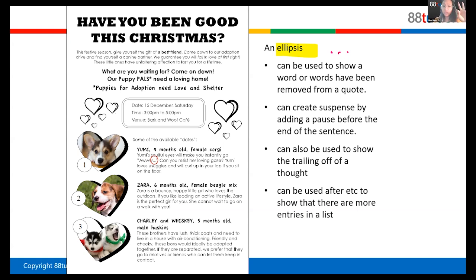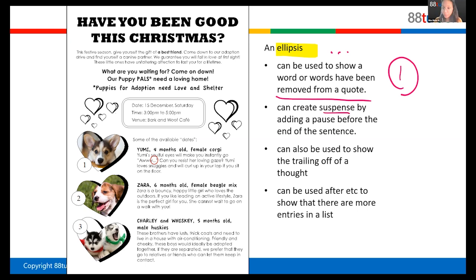It can mean any of 4 things. One, that some of the words have been removed from the quote, because they don't want to highlight the whole thing. They just want to show you the more important words, and the rest is dot, dot, dot. Second, they want to create suspense. They want you to find out what's going to happen next. We don't want to tell you now.